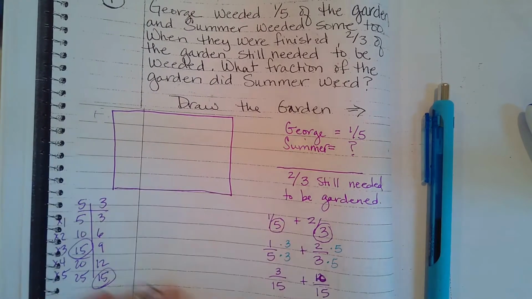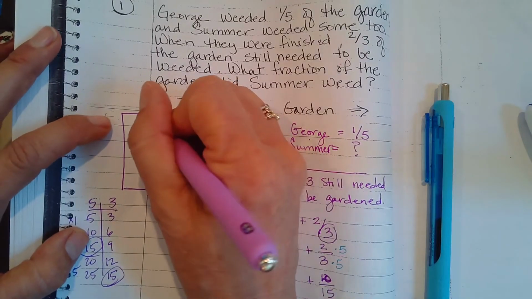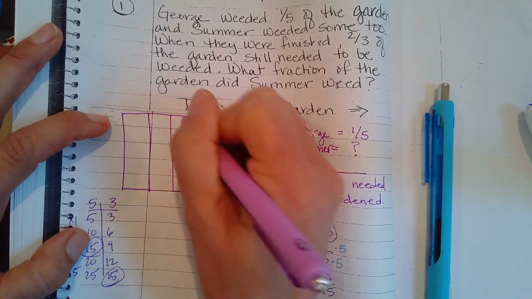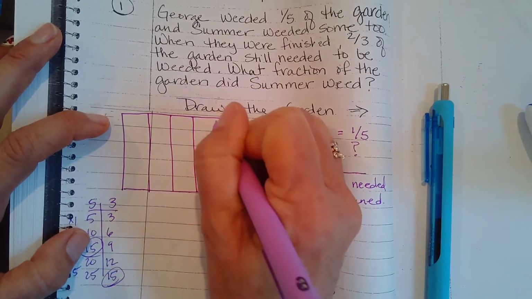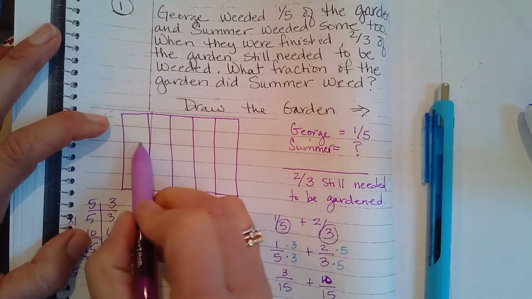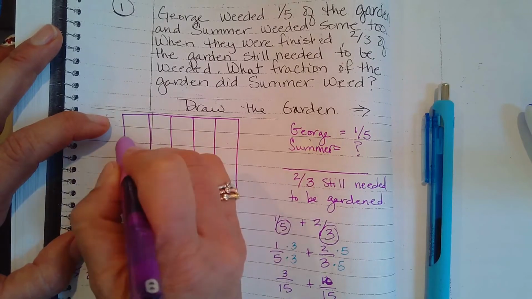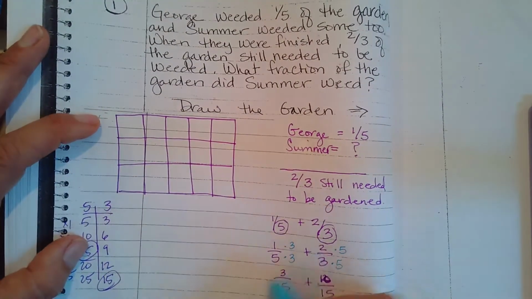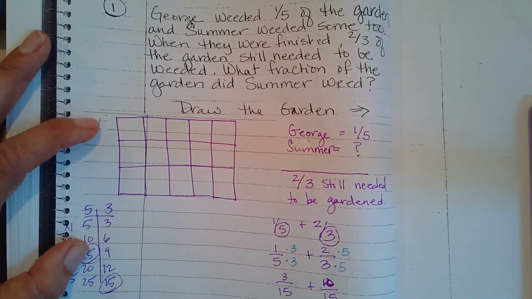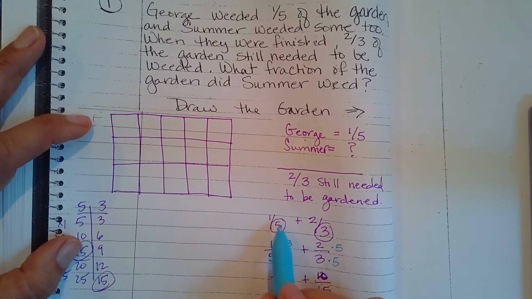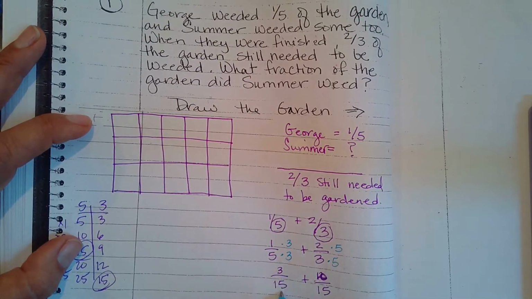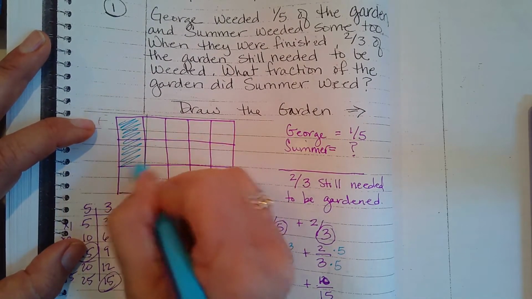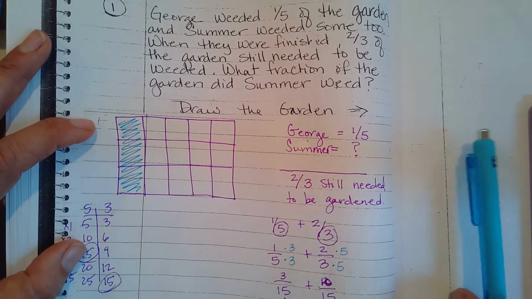So let's come back up here and let's section this off. Let's do 1, 2, 3, 4, 5, right? Let's cut it into thirds. And now let's put this into perspective. George is 1/5 and 1/5 is 3/15, right? So here's George, 3/15.